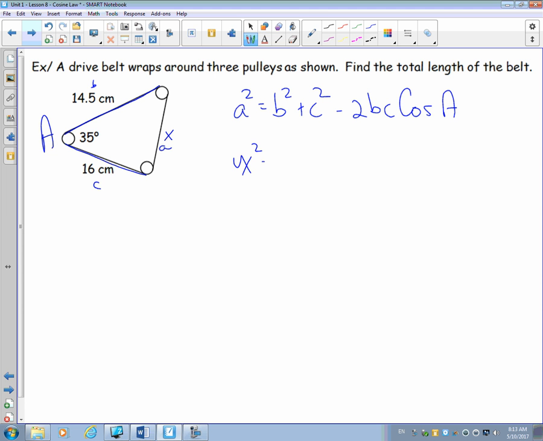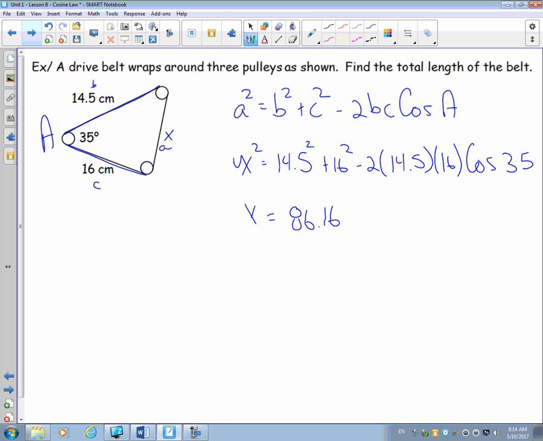So in my case, x squared equals 14.5 squared plus 16 squared minus 2 times 14.5, 16, and the cos of the angle between them, which is 35. I can put it all into my calculator at once because it's 86.16, but again, that's x squared, so I need to square root it, and I end up with 9.28.